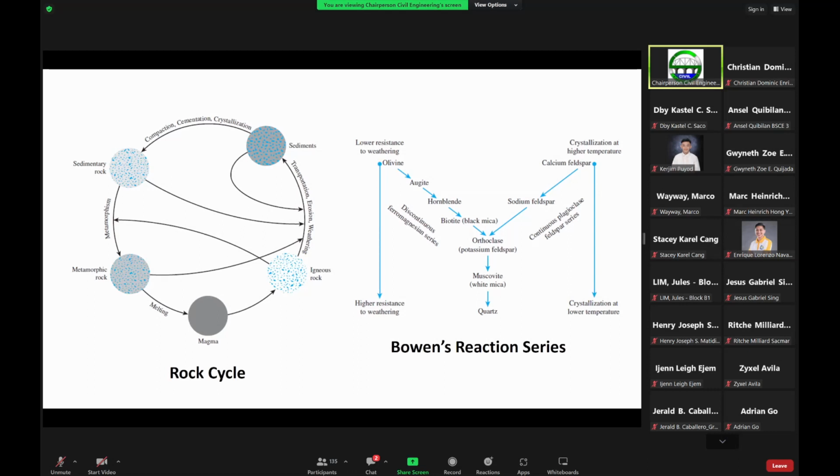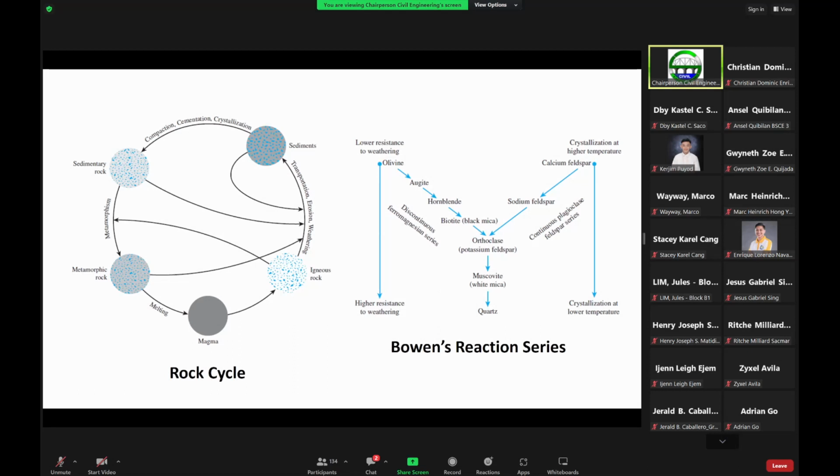Then because of extreme heat and pressure, this metamorphic rock will try to melt, and then it will go back to a magma. And then the cycle repeats itself.